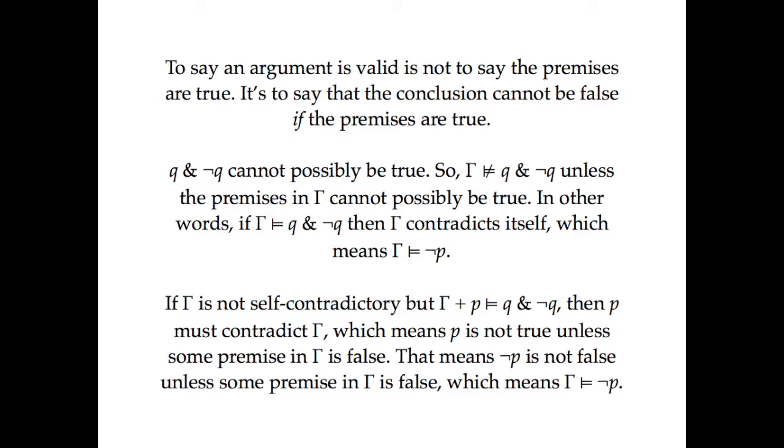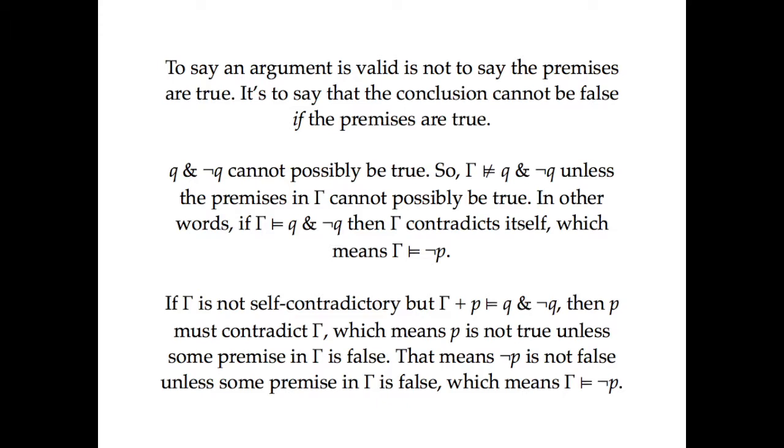Remember that to say that an argument is valid is not to say that the premises are true. Valid means that the conclusion cannot be false if the premises are true. Now, a statement like Q and not Q cannot possibly be true. And that means that gamma, no matter what it is, does not entail Q and not Q unless the premises in gamma cannot possibly be true.